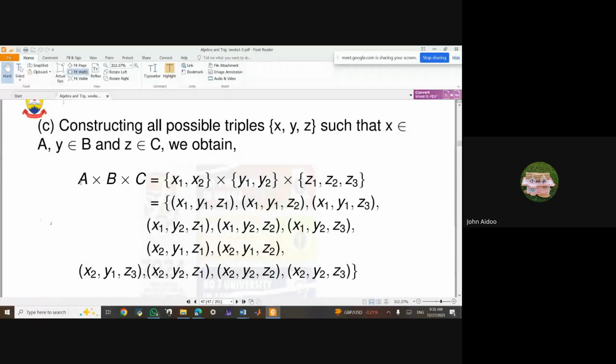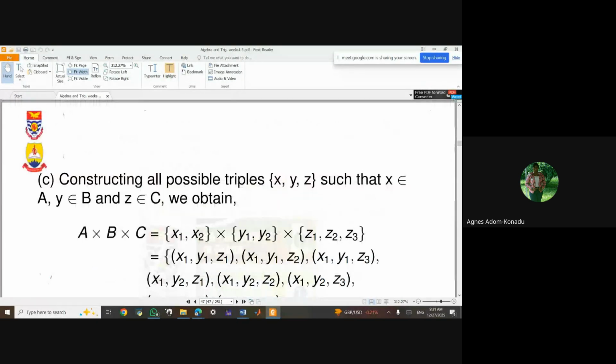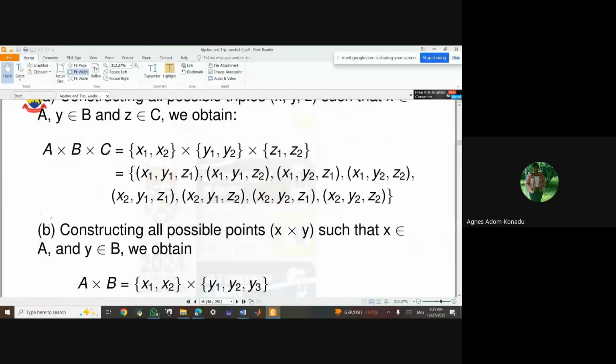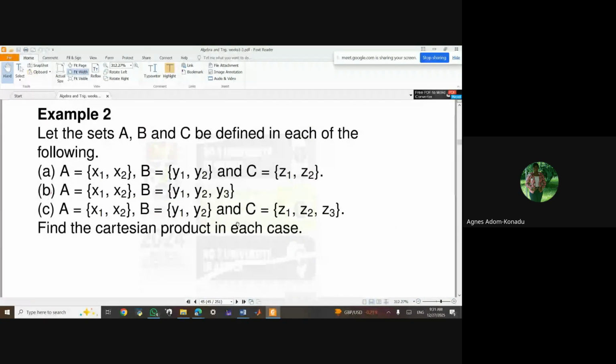But why is the z aspect z1, z2, z3? It's supposed to be in the question: A is x1, x2, B is y1, y2, and C is z1, z2, z3. So it's in the question somewhere. See where A is, B is this, and C is this.